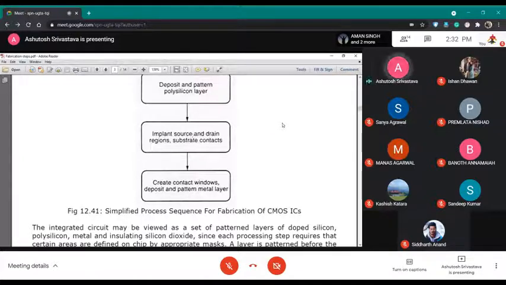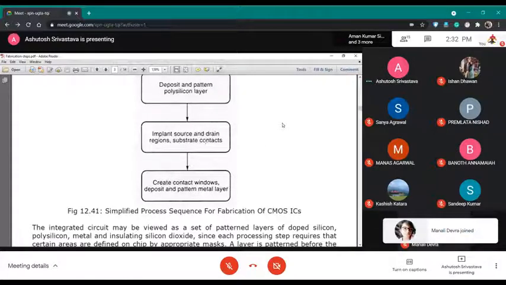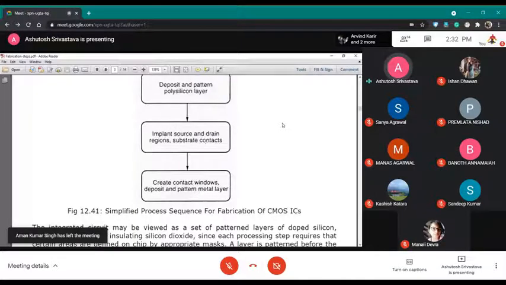The body already has those substrate contacts prior to this. So please note down the simplified process sequence for the fabrication of the MOSFET, metal oxide semiconductor field effect transistor.